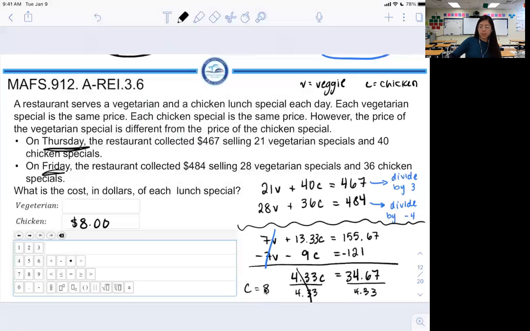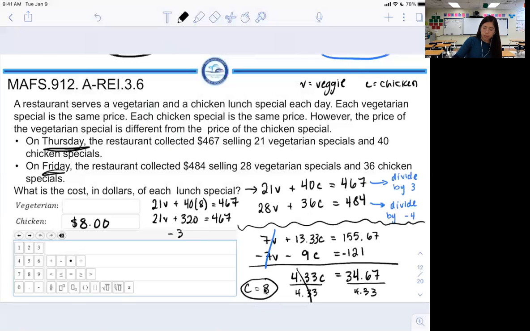Now that I know the chicken is $8, I can go back and plug that into one of the original equations. So let me plug it into the top equation. So this would be 21V plus 40 times 8 equals 467. 40 times 8 is 320. So 21V plus 320 equals 467.